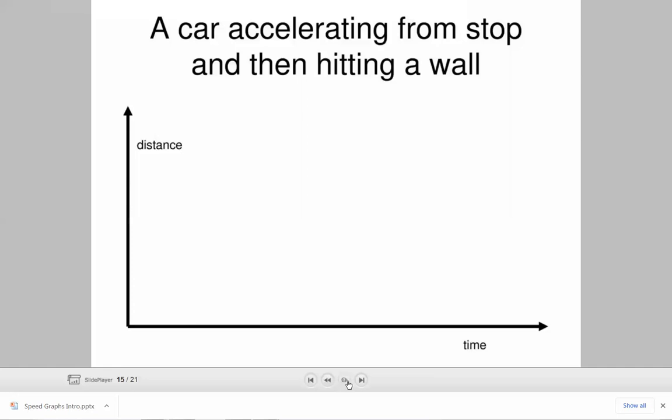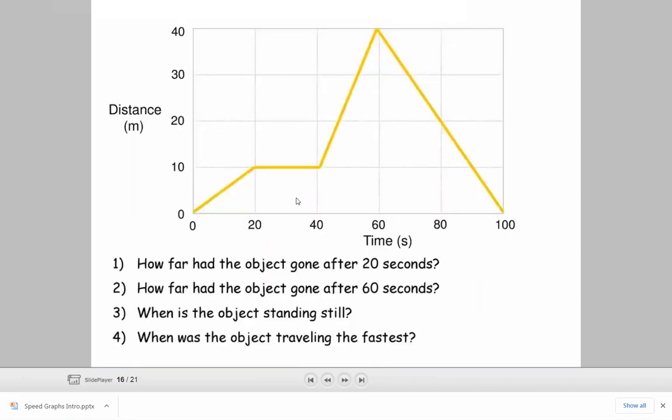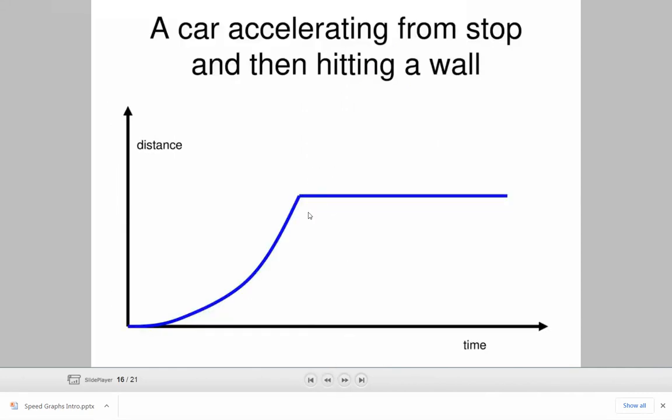So our graph would be something like this. Initially, it is accelerating, and as soon as it hits the wall right about here, it stops covering more distance. The straight line represents the fact that it is now stationary, it's not moving, and there's no extra distance being covered.